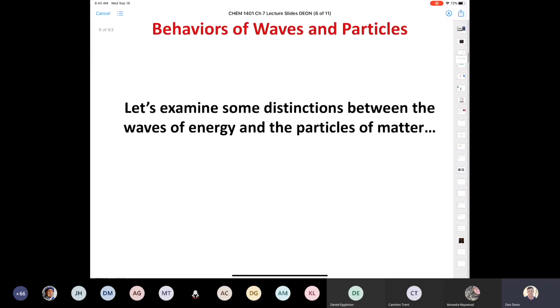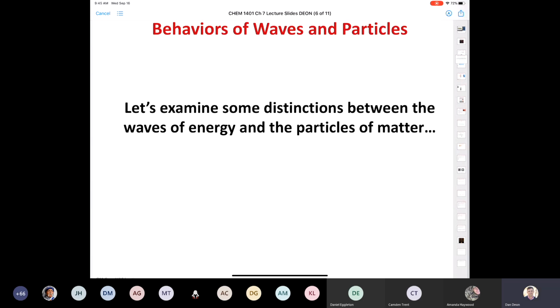All right, so let's examine some distinctions between the waves of energy and the particles of matter. When we think about electromagnetic radiation, light is a wave, right? Light waves. And then we think about matter as being particles.